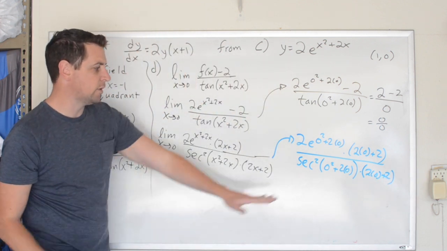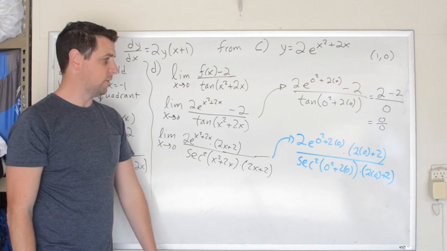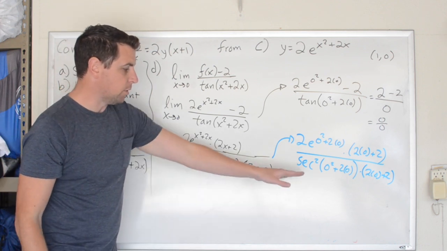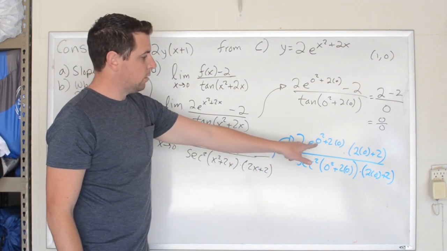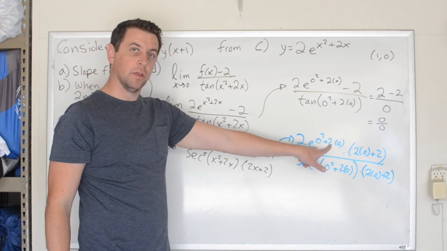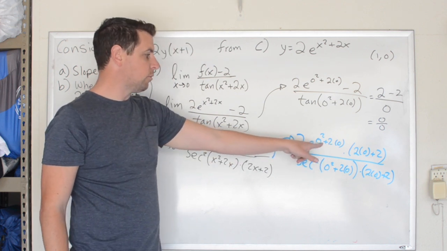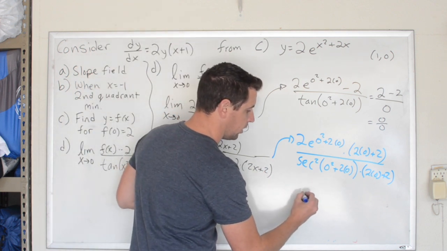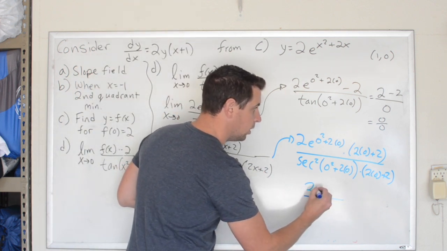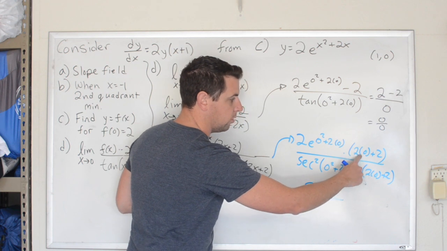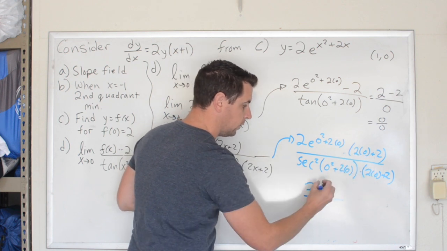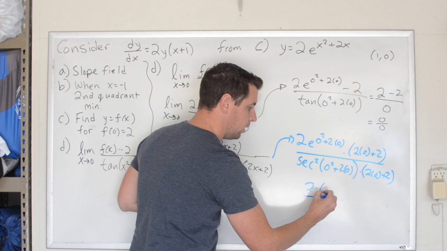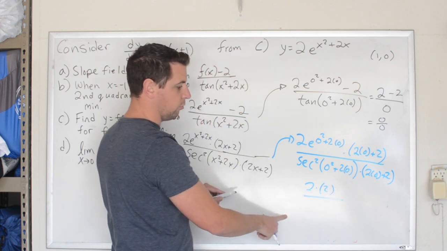When I go after this now, I need to simplify all this and try to get a number here. 0 squared is 0, plus 2 times 0 is 0, e to the 0 is 1, 1 times 2 is 2, so I get, in the numerator here, 2 times 0 is 0, plus 2 is 2 more, so it's going to be 2 times 2 in the numerator.